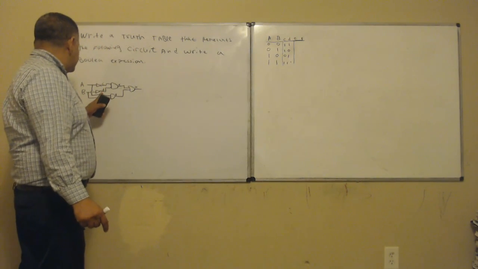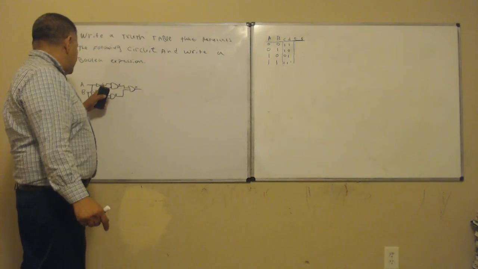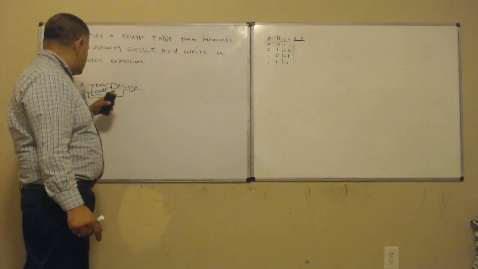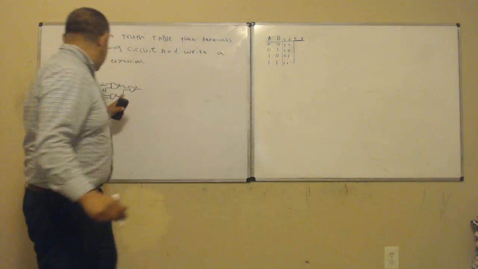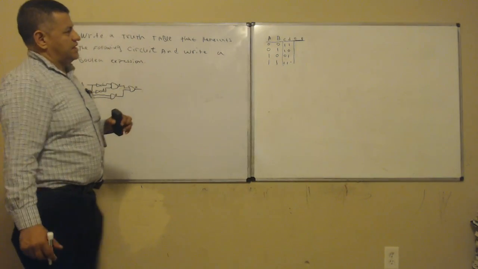If C is true and D is true, then E coming out of here, right, is true, right?